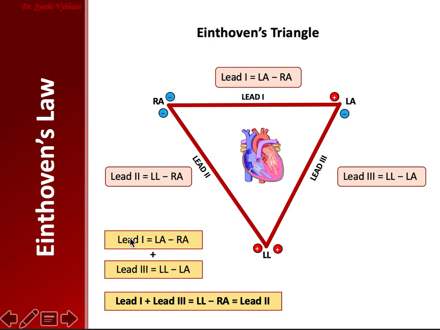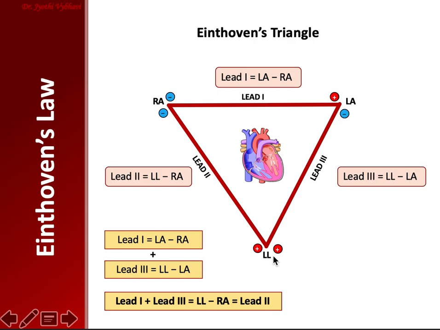As you can see here, the left arm is positive in lead 1, whereas it is negative in lead 3. So when I sum these two, LA cancels out, so LL minus RA is remaining. LL minus RA is nothing but lead 2.